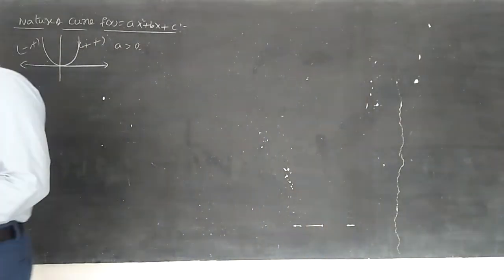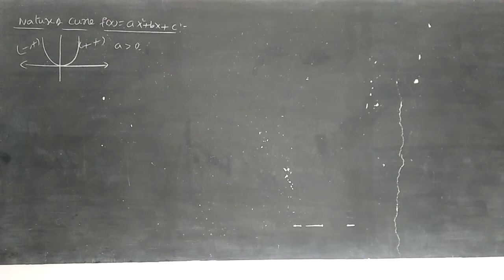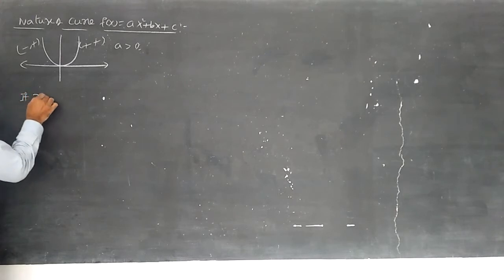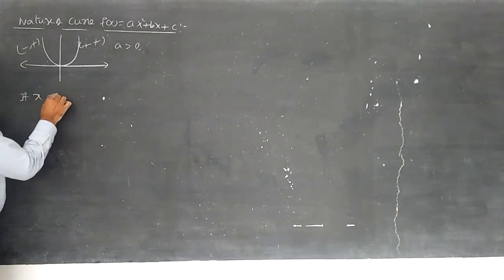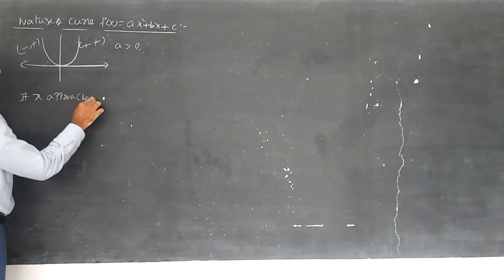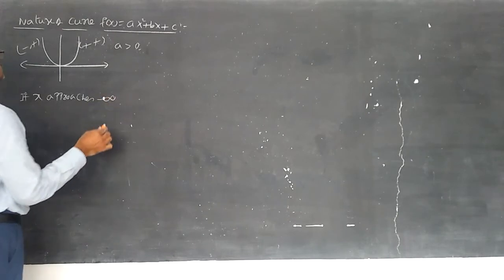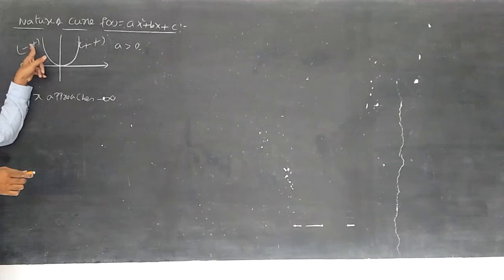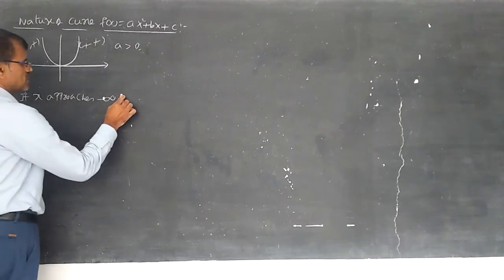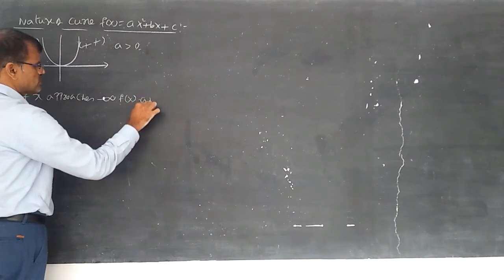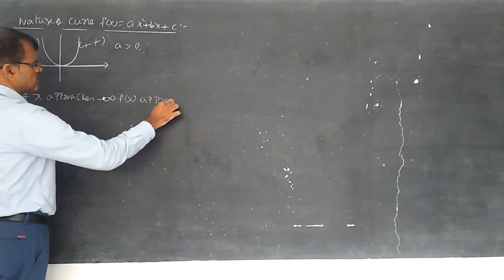Now we can discuss, if x approaches minus infinity, according to the plus plus minus plus concept, what does y become? If you put minus also, you are getting plus. Then you can say f of x, that is the curve or y, approaches plus infinity.